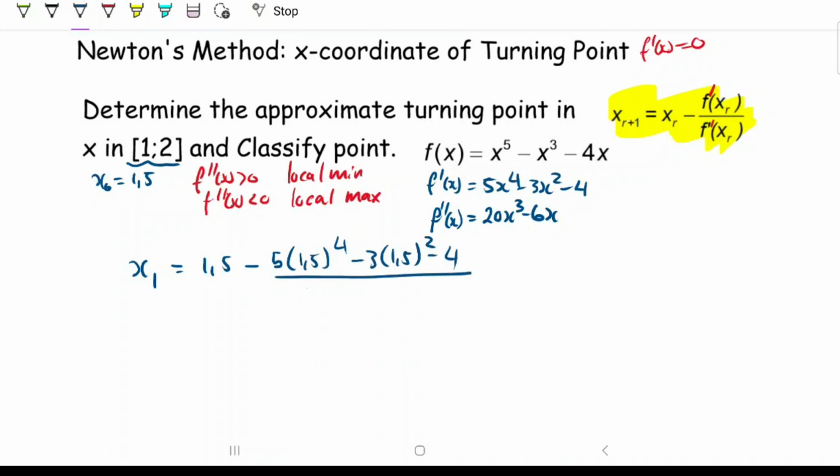We then divide that by the second derivative, which becomes 1,5 to the 3 minus 6 times 1,5. I will perform this iteration on the calculator and not show the steps, but it is important for you to show all the steps until this converges. That is the duty that you have with this question, so ensure that you do that part.